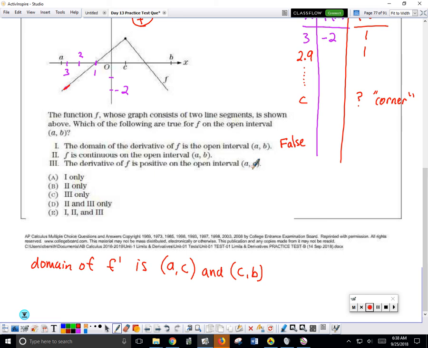So f is increasing from A to C. So just like you just said, therefore, f prime is positive from A to C. And you're correct. If I go from C to B, f prime will be negative. So 3 is a true statement.